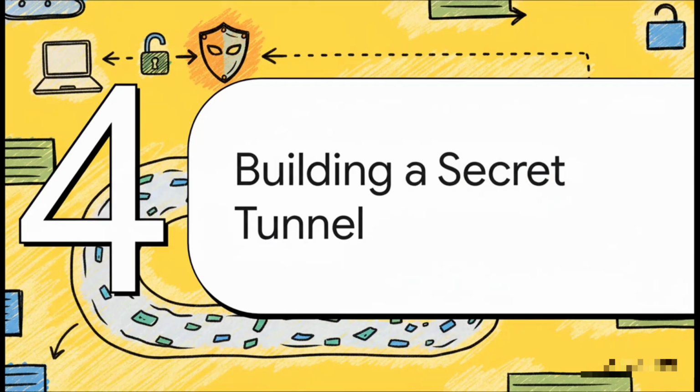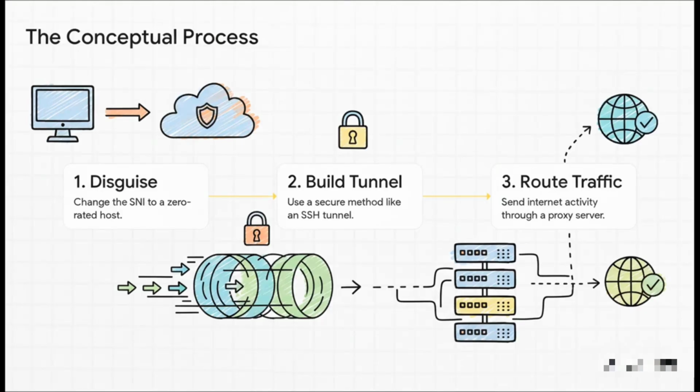But just showing a fake ID isn't the whole story. You still need a way to get your actual internet traffic where it needs to go. And this is where we have to talk about building that secret tunnel. So here's how that tunnel gets built conceptually speaking. Step 1, you disguise the connection with that zero-rated SNI. We've got that down.